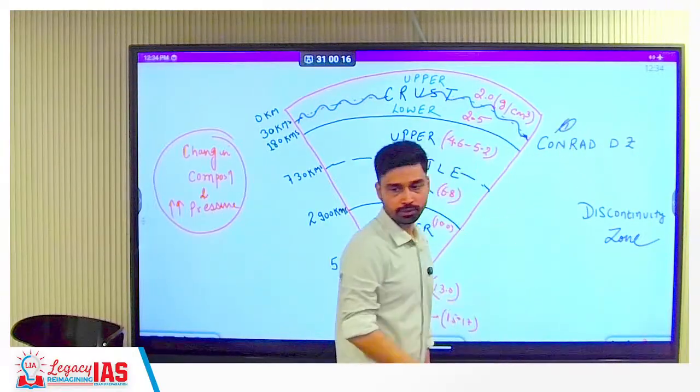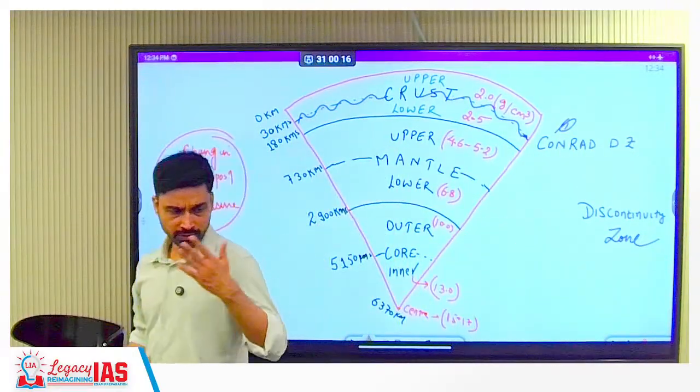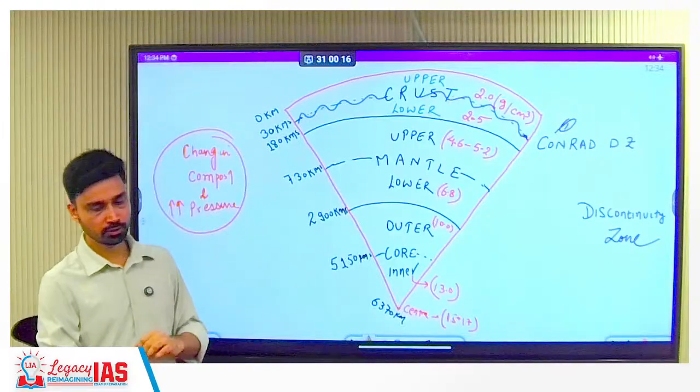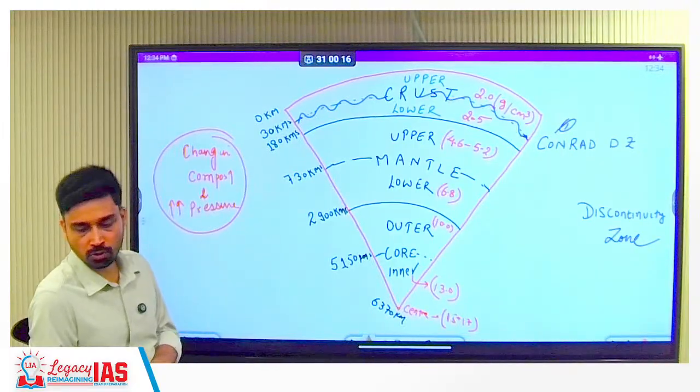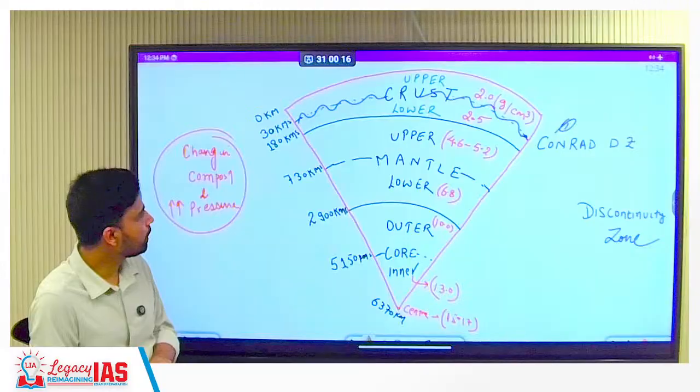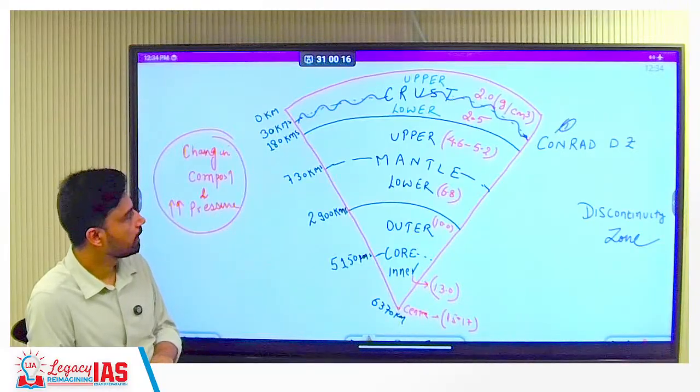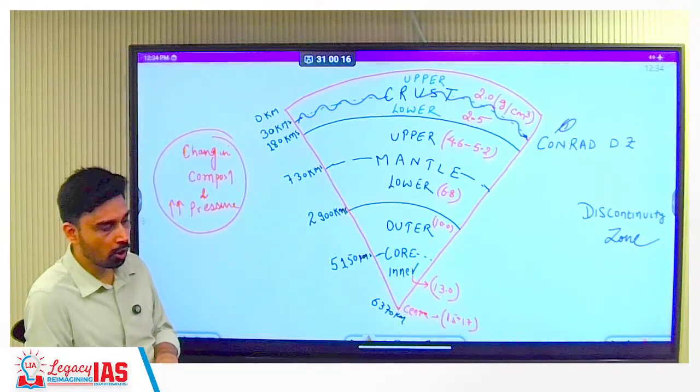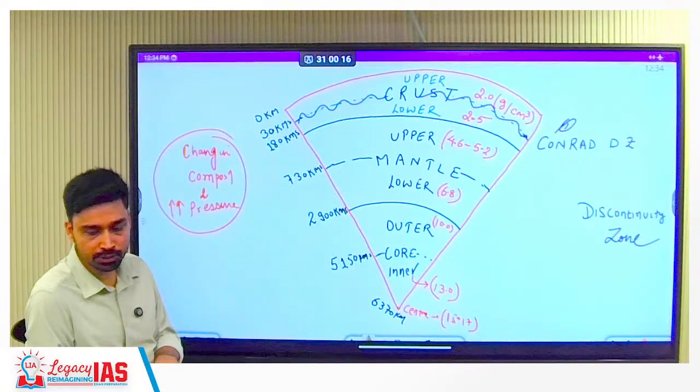Conrad. Yes, we can write. You can show in the same diagram itself the discontinuities. So the first discontinuity is between upper and lower crust, and that is named Conrad. The name is simply based on the scientist who identified it first. So Conrad discontinuity zone.